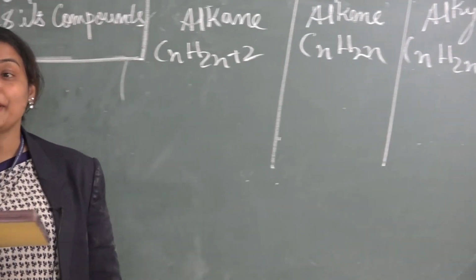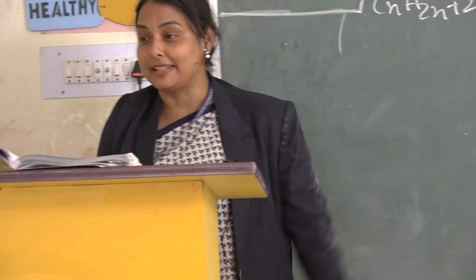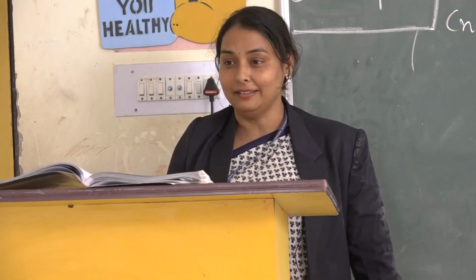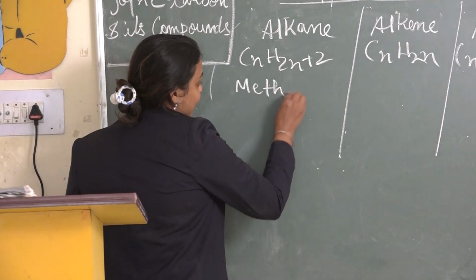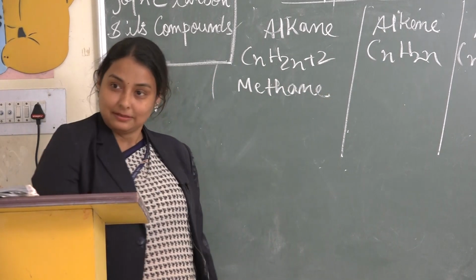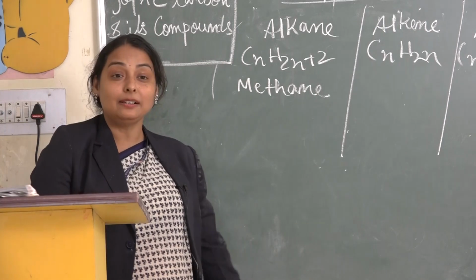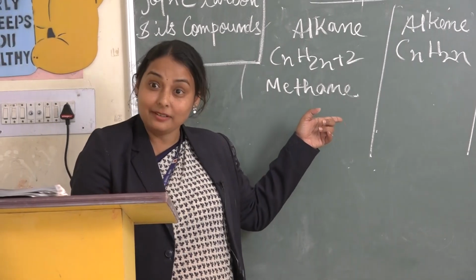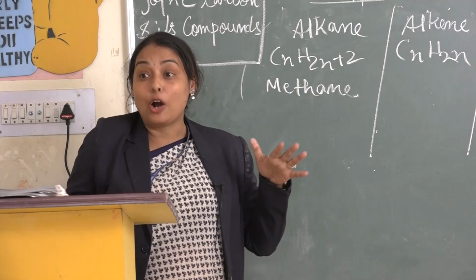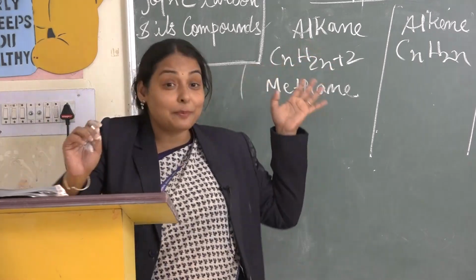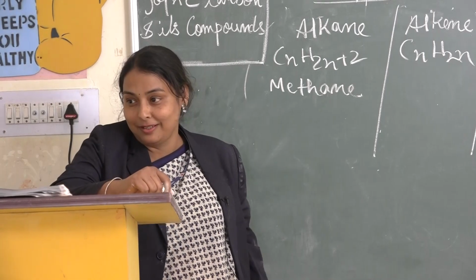Now, how are we going to arrange this series for alkane, alkene and alkyne? For alkane, we will start with methane. This is the basic thing of this chapter, how we form the compounds.